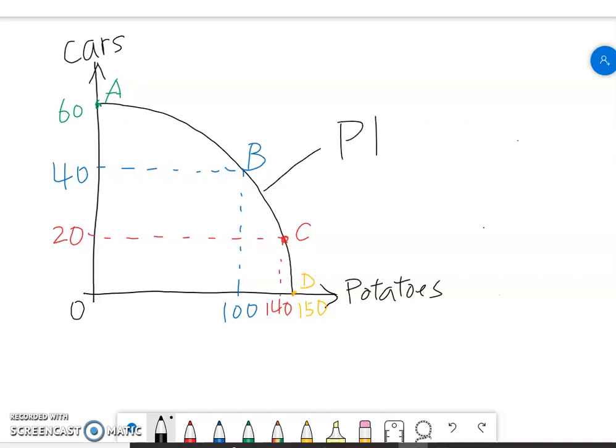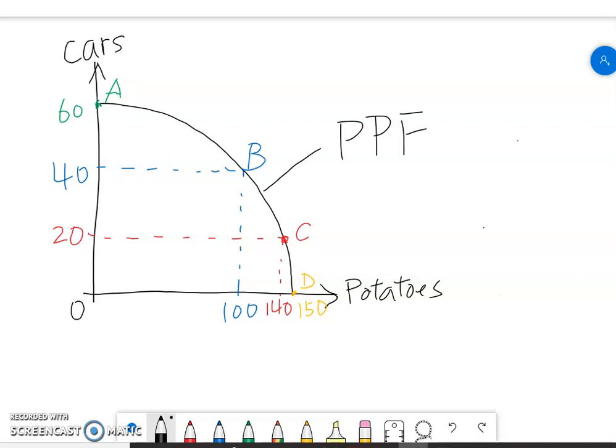This is the economy's PPF, the production possibility frontier. So all 4 combinations from A all the way to D are efficient because they're all on the PPF. In other words, here we're not going to talk about any inefficient cases. Okay, it's all efficient.